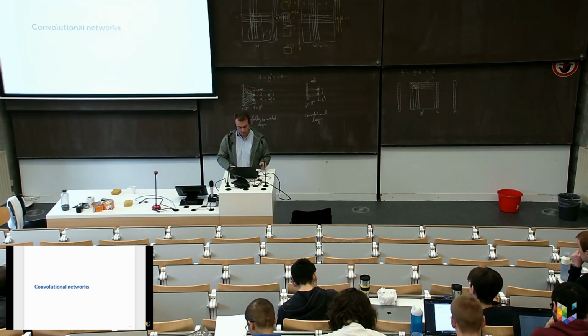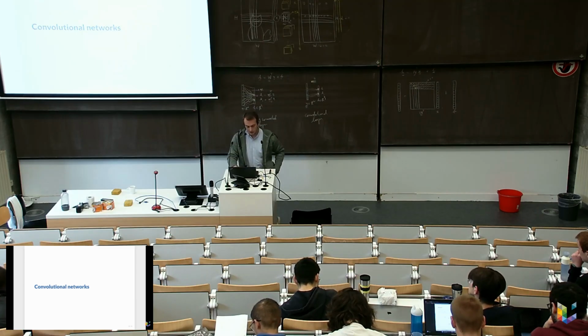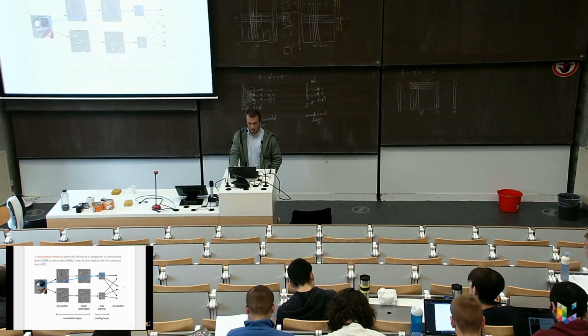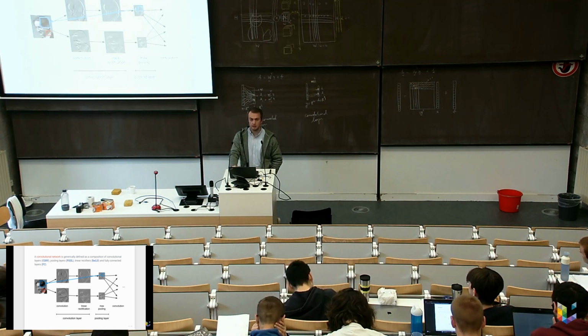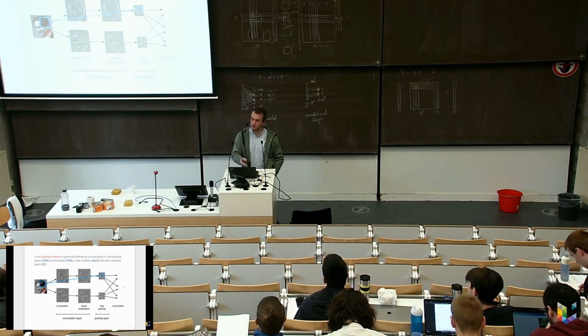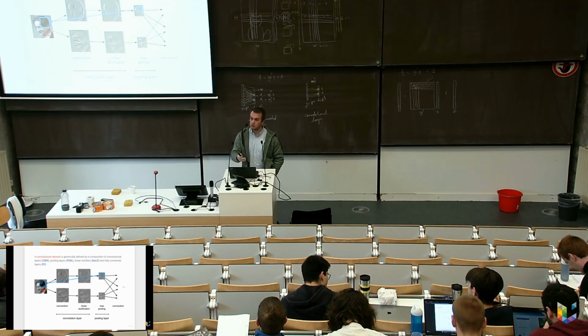Okay, so let's see now how we can compose these two new layers into convolutional neural networks. The architecture that you should have in mind should follow this template in which we say that a CNN, a ConvNet or convolutional neural network, is defined simply as a composition of convolutional layers, pooling layers, and everything else we have seen before.